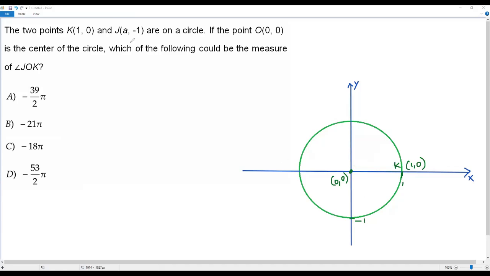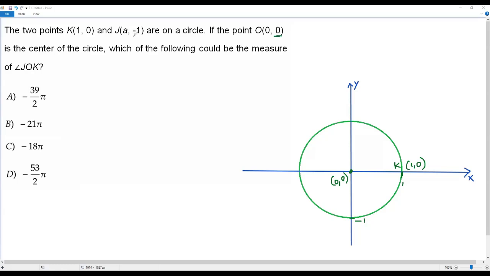And if I consider the value of a as positive between 0 and 1, actually a is the exponent, and if a is a positive value between 0 and 1, then the point (a, -1) should be somewhere else over here, but it's not on the circle.